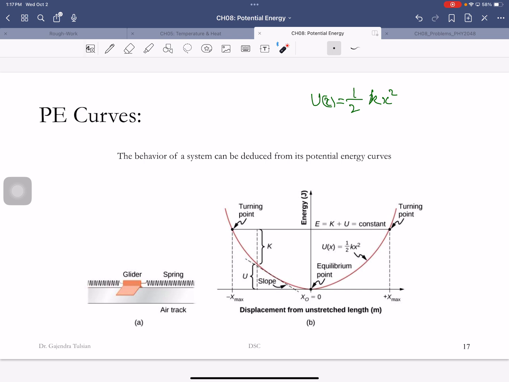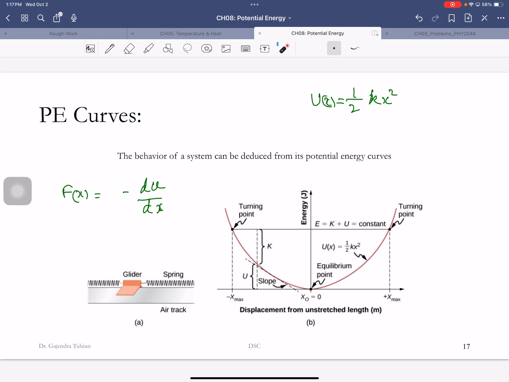What is the spring trying to do? It's trying to decrease its potential energy. And that's what's in this equation: the spring force is minus dU by dx. If this derivative is positive, the force is in the negative direction.